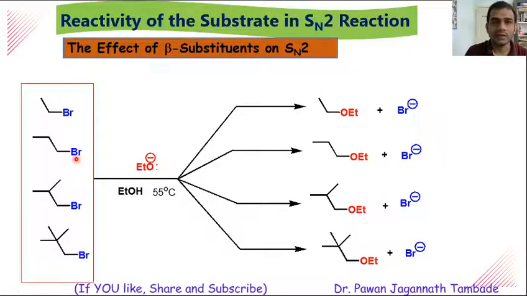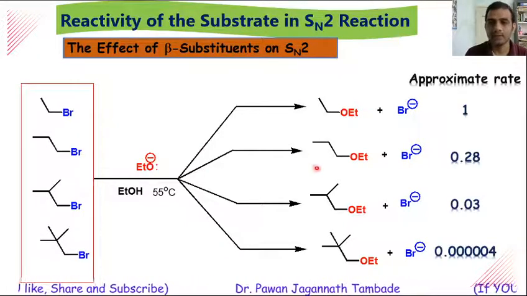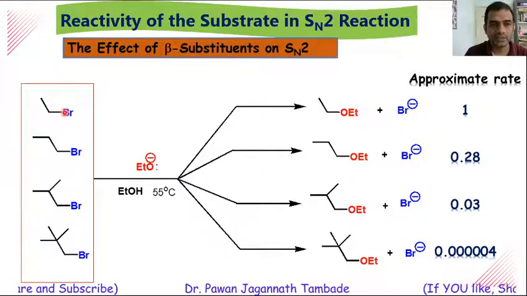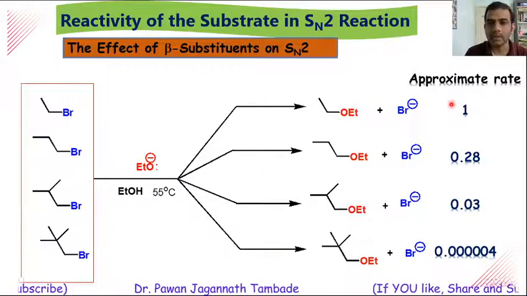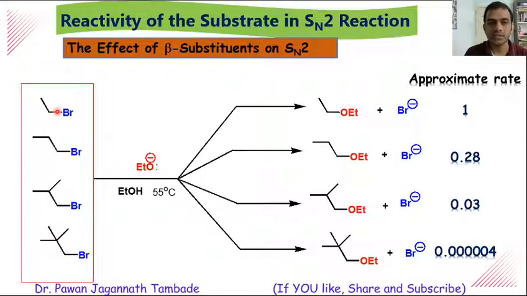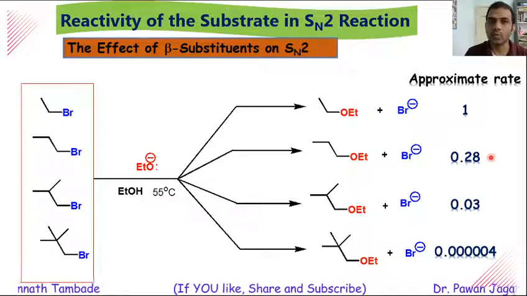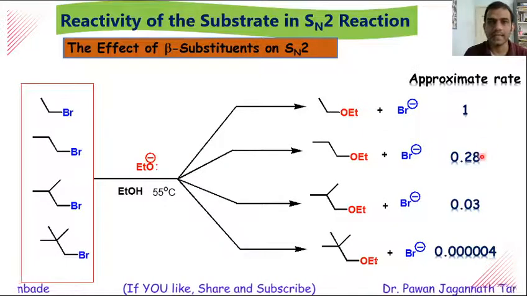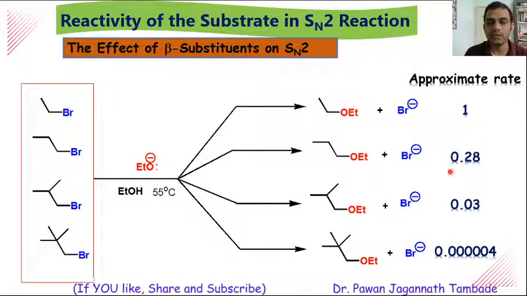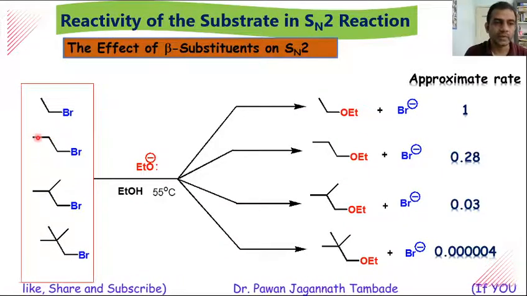And when we measure the rate of reaction for such substrates, we found that the rate of reaction for, say, the first substrate is approximately 1. Then with respect to this first substrate, the rate of reaction for the second is 0.28, that is, the reaction rate is decreasing, and this decrease in rate of reaction is because of this methyl substituent on the beta carbon atom.